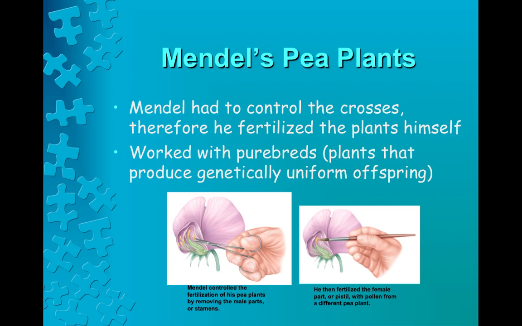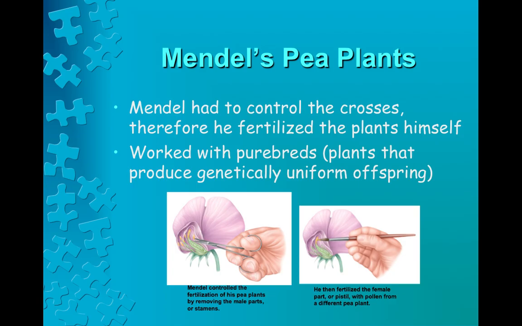So once he produces these purebred plants, whether it was for flower color, pea shape, pea color, all of these different characteristics he ultimately ends up studying, he then crosses them on purpose. He creates these purebreds and then takes out either the male or the female part of the plant so that he can control which plants are mating with which.